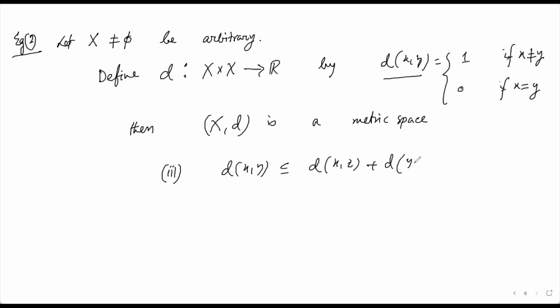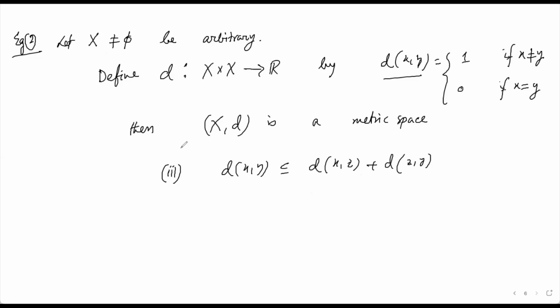So if x is not equal to y, then at least one of the pairs x and z, or z and y, must be not equal. So the left hand side is equal to 1, and the right hand side must be at least 1. And when x equal to y, then the left hand side is 0, so the right hand side is greater than or equal to 0. So here the triangle inequality holds true.